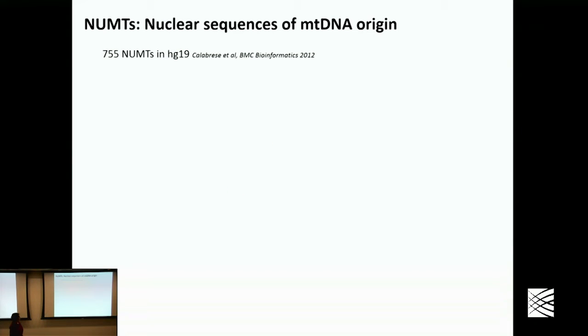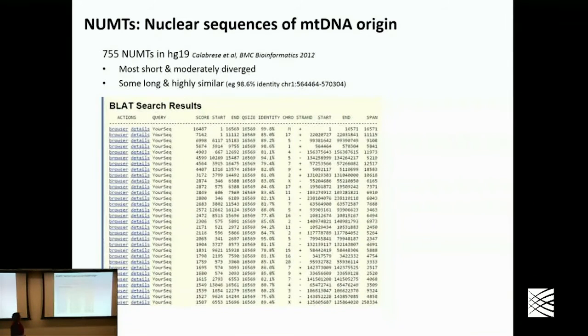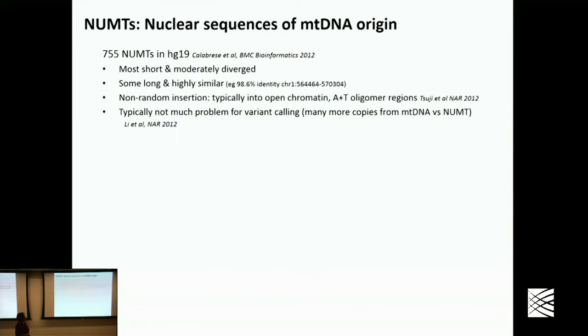In our human genome assembly 19, there are over 700 of these copies of the mitochondrial genome littering our nuclear genome. If you just take the mitochondrial genome, the 16 kb, and blot it against the nuclear genome, you can see all of these different hits. Some of them are really similar, 98.6% identity on chromosome 1, 85% on chromosome 17. So the nuclear genome is littered with these ancient relics, and they're actually non-randomly inserted. There are hot spots where they tend to get inserted.